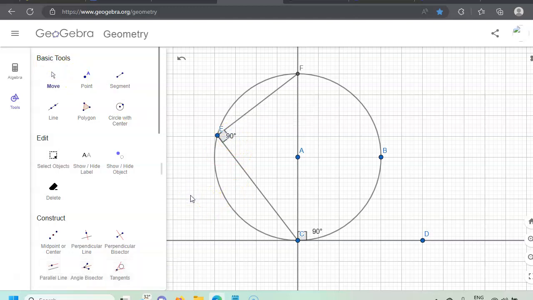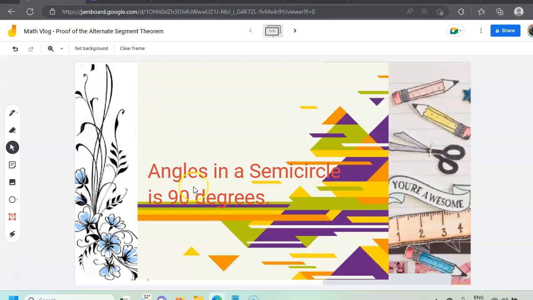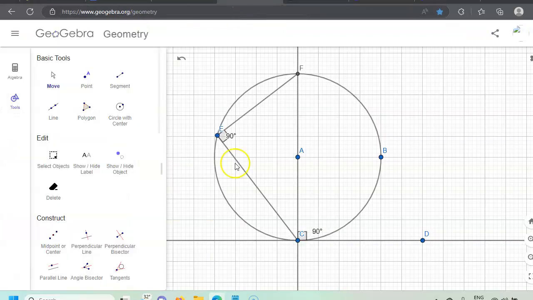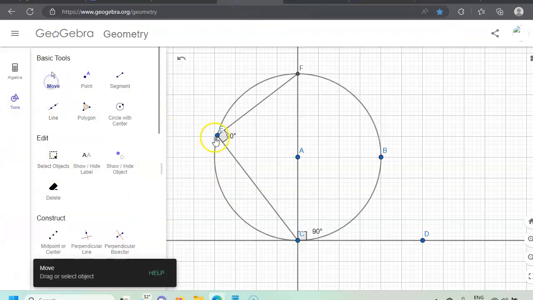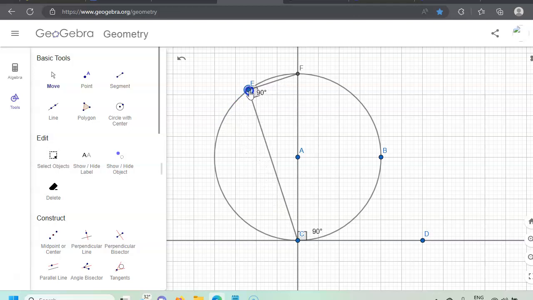Again, the very useful property: angles in a semicircle is 90 degrees. So if we are going to move the point along that semicircle, the angle will always be 90 degrees because any angle formed in a semicircle is 90 degrees.